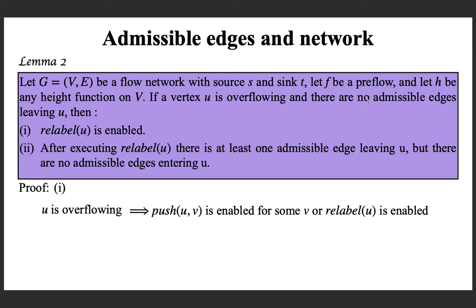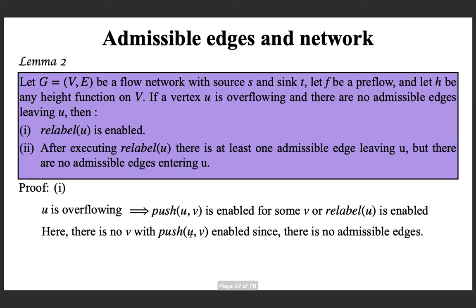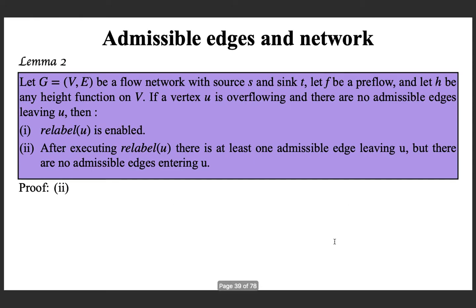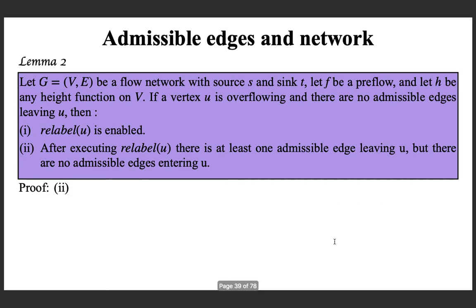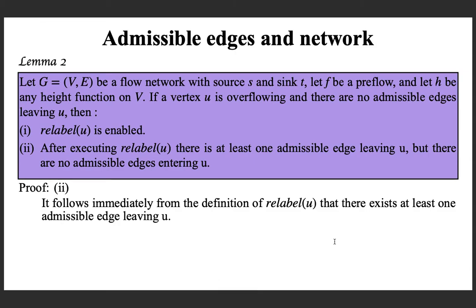And here we have this condition: no admissible edges leaving U means push is not enabled. Therefore, from this we know that relabel must be enabled, and so the first condition is proved. Second one follows immediately from the definition of the relabel operation. What is relabel?